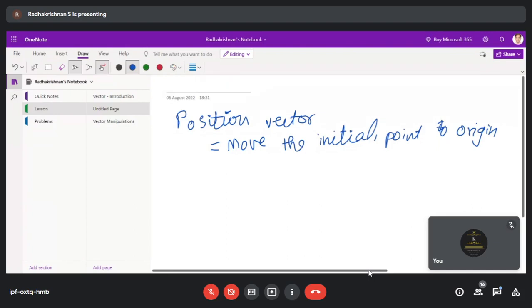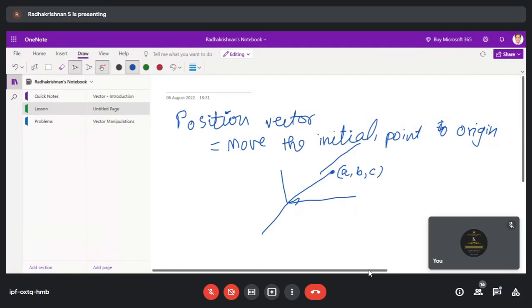So we simply move. So in a three-dimensional world, okay, there is some line somewhere here. So for a position vector we simply move it, keeping it parallel, and bring the initial point here. Okay. And so this point, the coordinate of the terminal point A, B, C, will represent the vector.